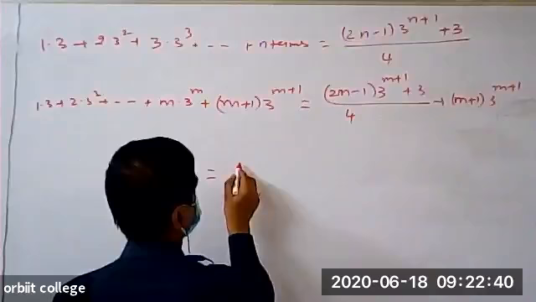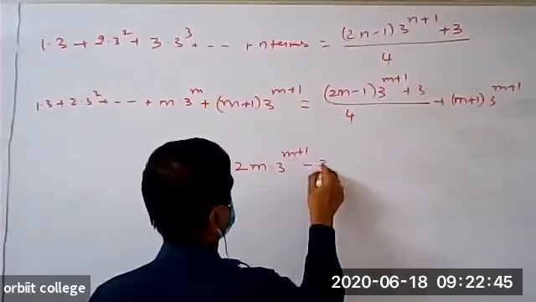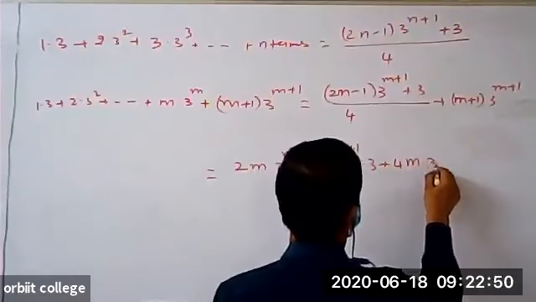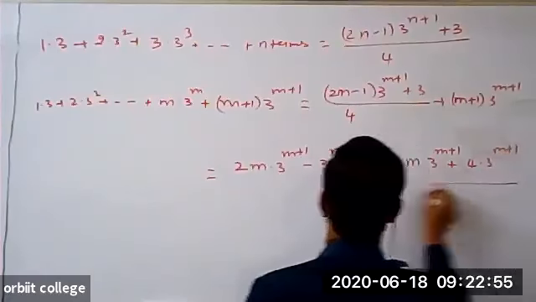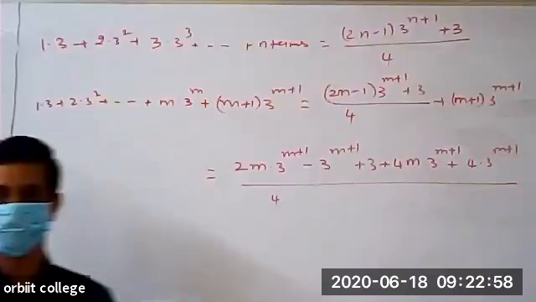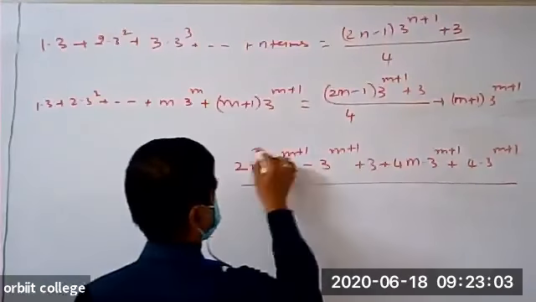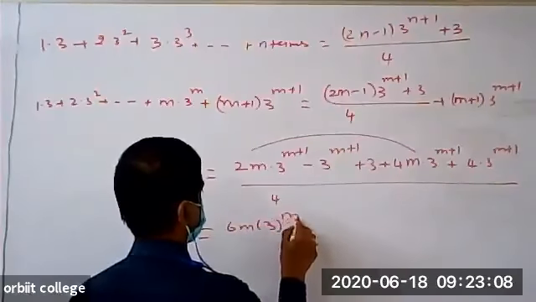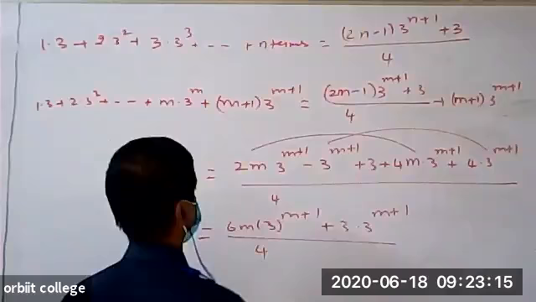So this will be 2m into 3 power (m plus 1) minus 3 power (m plus 1) plus 3 plus 4m into 3 power (m plus 1) plus 4 into 3 power (m plus 1), all by 4. I have taken the LCM. Now these two together give 6m into 3 power (m plus 1), and these two give plus 3 into 3 power (m plus 1) by 4.